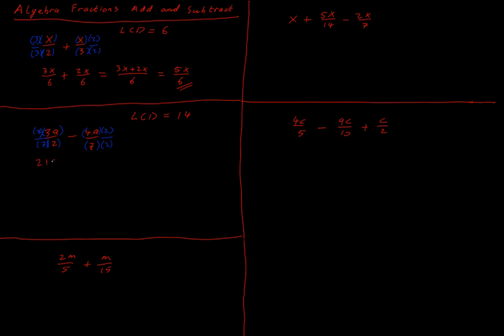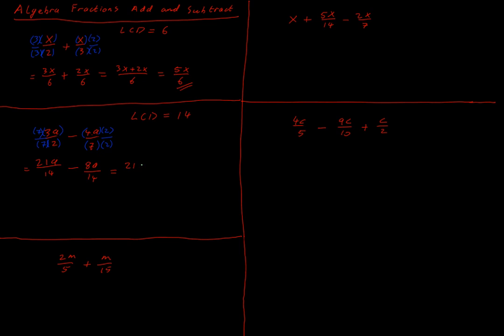So I get 21a all over 14 minus 8a all over 14. Now I have the denominators the same, I can add up the numerators.